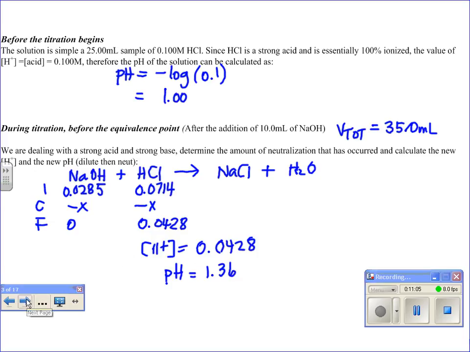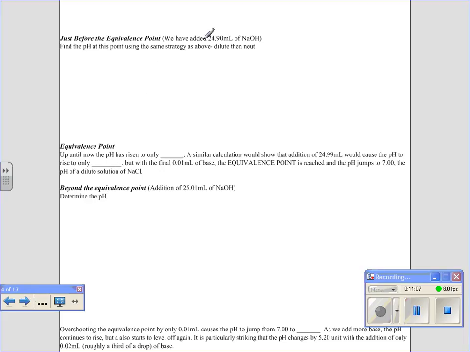And let's look at just before the equivalence point. So when we've added 24.90 milliliters of the sodium hydroxide solution, which, if you look at the beginning, is 0.1 in concentration, our total volume is 49.90.